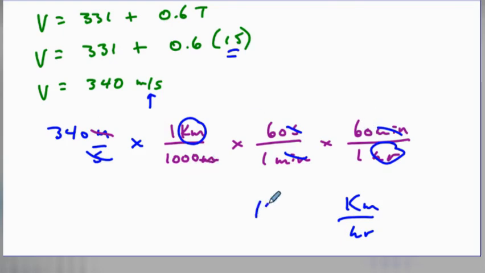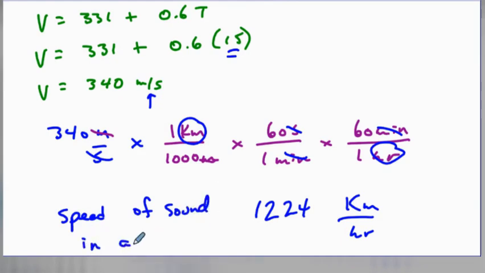My calculator tells me that's 1,224 kilometers per hour. So that's the speed of sound in air at 15 degrees Celsius, right there.